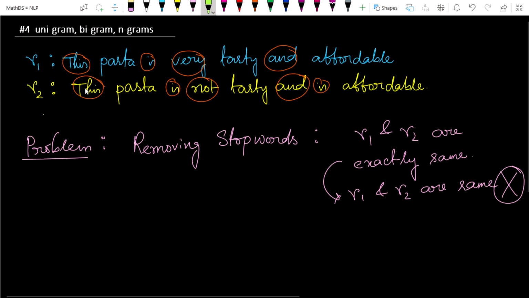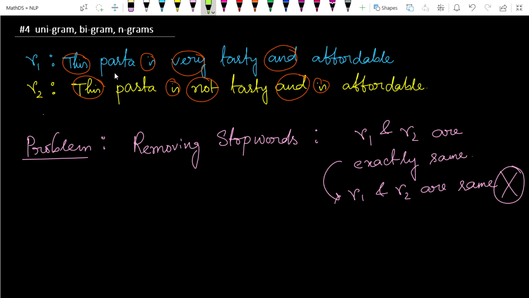Here we have pasta, very, tasty, and affordable. We have considered each single word as a single dimension.